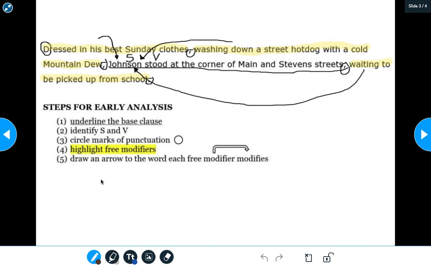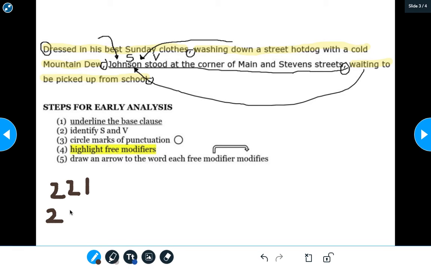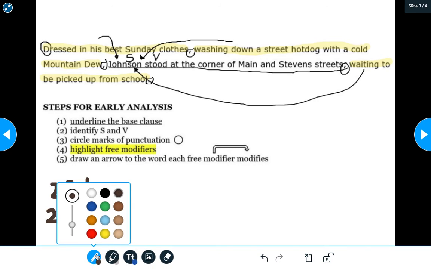So far, the first sentence we saw was a 2, 2, 1. The second sentence was a 2, 1, 2, 2. And it looks like this third sentence, let me just see.